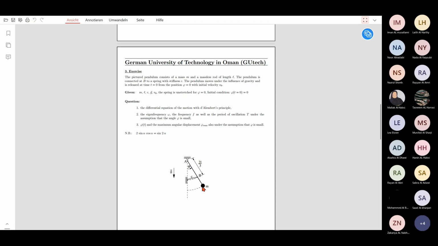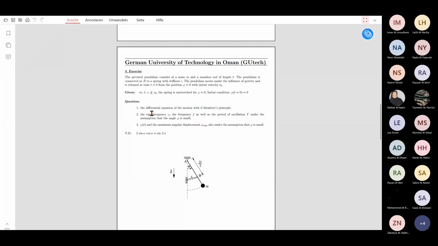The given are the mass m, the length L, the stiffness, and the gravitational acceleration, as well as the initial velocity. As I said, the spring is unstretched for phi equal to 0, and the initial condition is phi at time t equal to 0 is equal to 0.